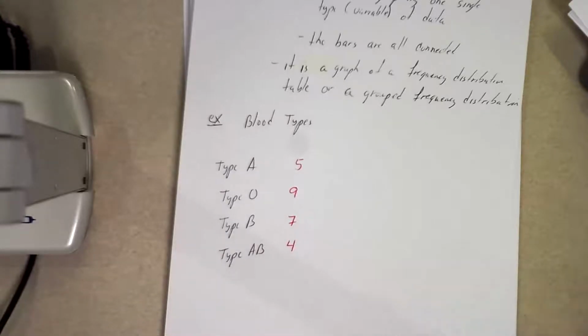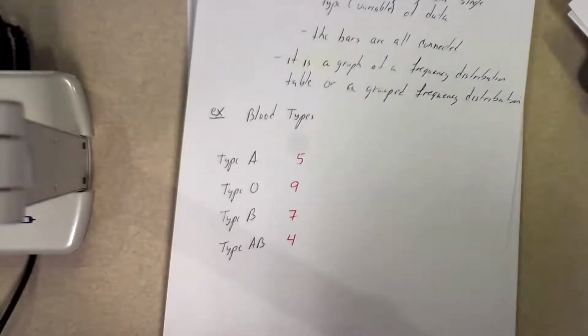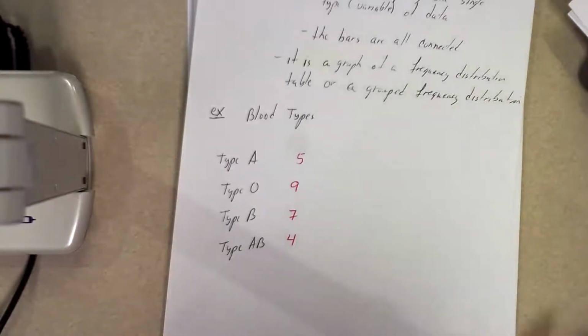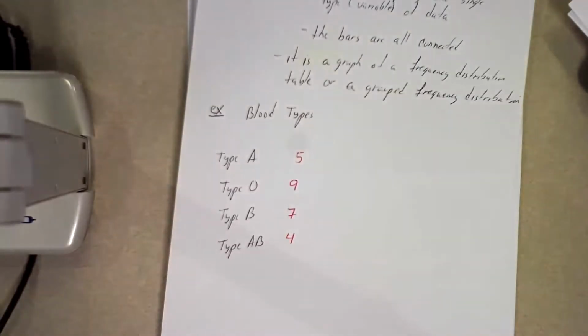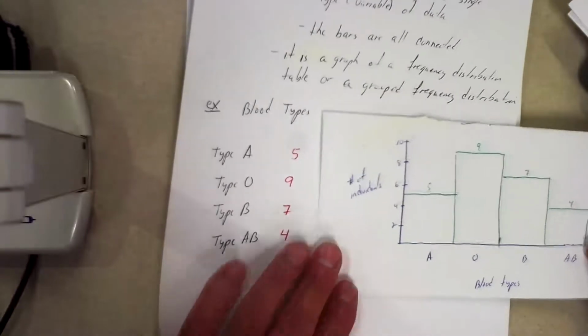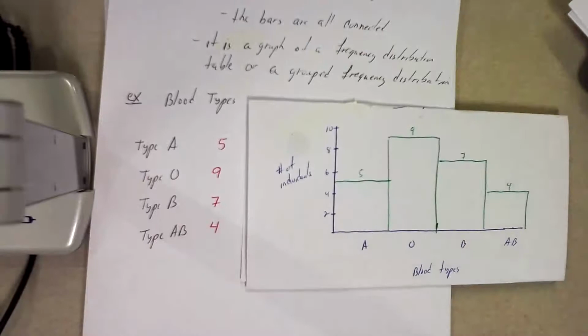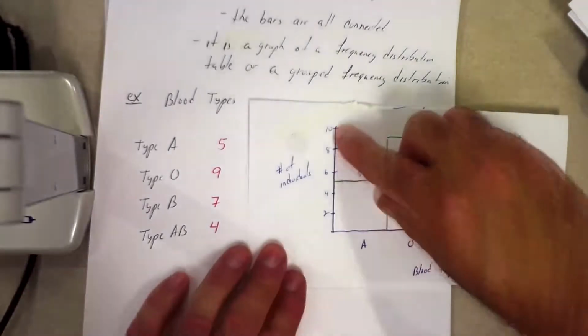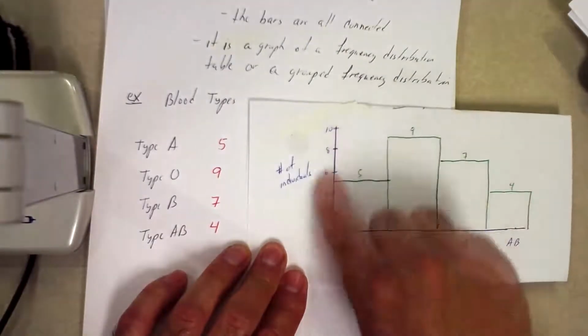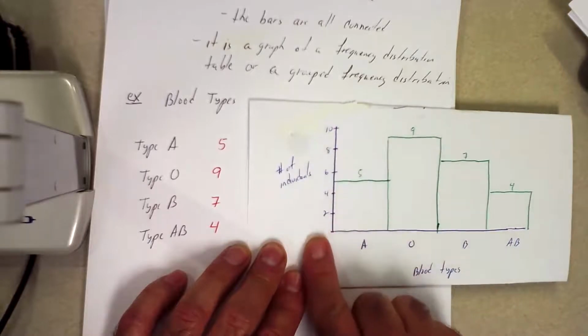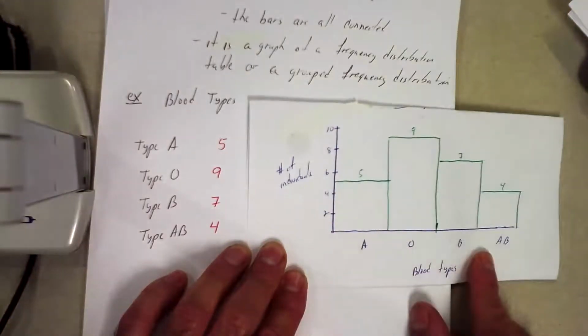All right, and so here is my graph of my histogram. It's one variable. You're talking about blood types, right? Again, you have your vertical scale, the number of individuals with the blood types, and then here are your blood types.